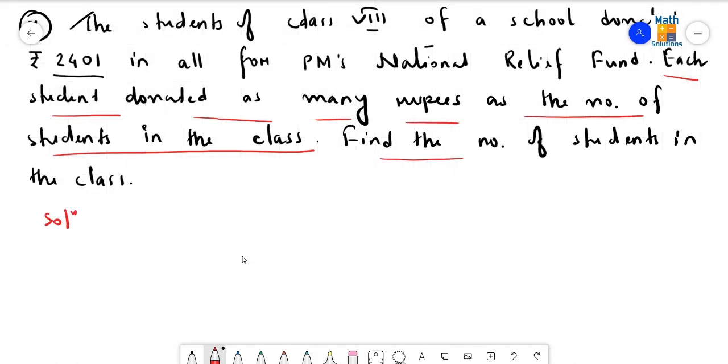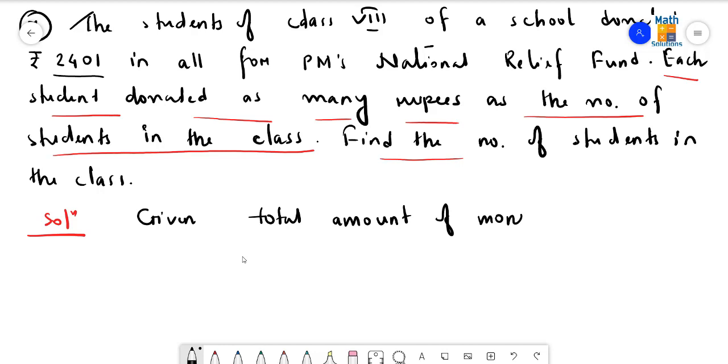In the solution part, I shall be writing: given total amount of money donated is equal to rupees 2401.